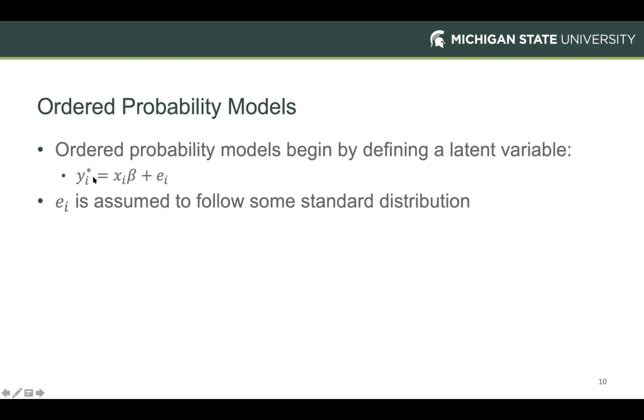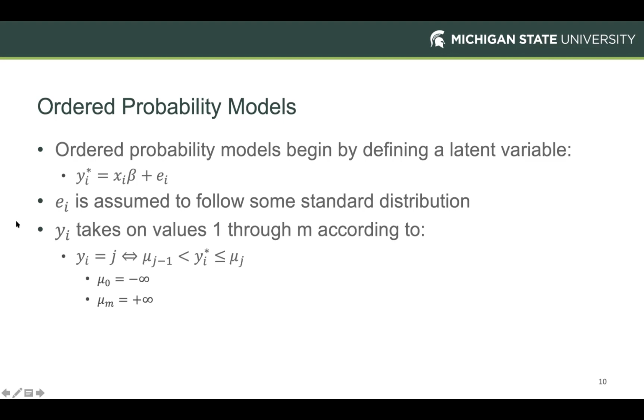Now, to operationalize the model as we've done in other settings, we need to make some assumption as to how that error term is distributed. And as in the multinomial case, we can either assume that it's distributed as logistic in the case of the ordered logit model, or as standard normal in the case of the ordered probit model, okay?